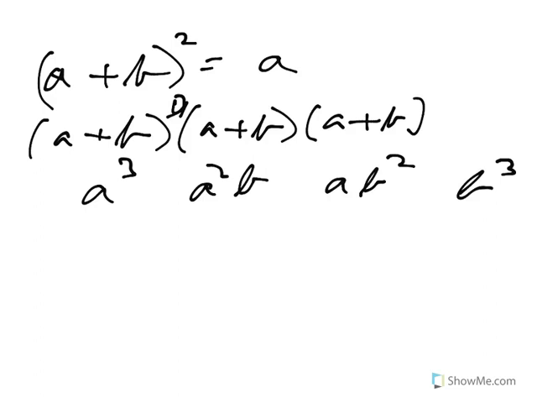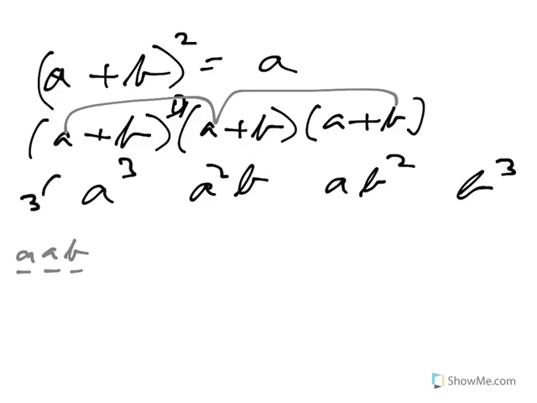And each of these, if I create a term like AAB, that's going to be three letters, two of them are a's, and that's why the numbers in front of these terms are going to be 3C3, 3C2, 3C1, 3C3.